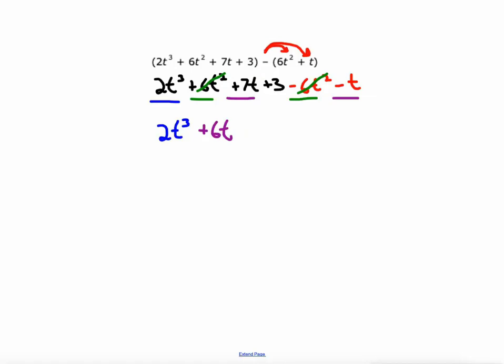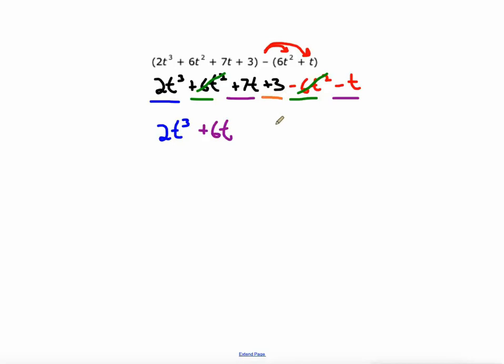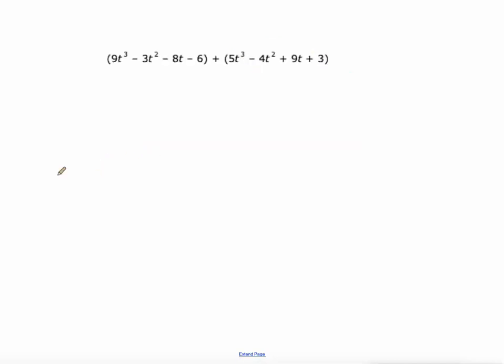And of course we have, I need another color, how about orange, plus 3. So we've got this third degree polynomial, and we subtracted a second degree binomial from it, and we ended up with this third degree, or cubic, trinomial: 2t cubed plus 6t plus 3.